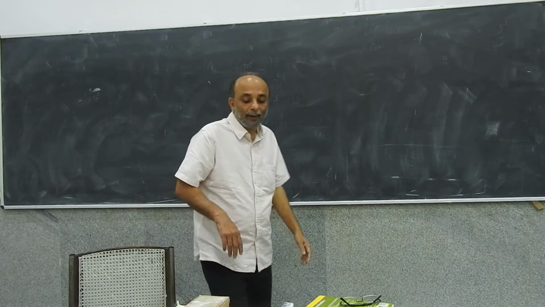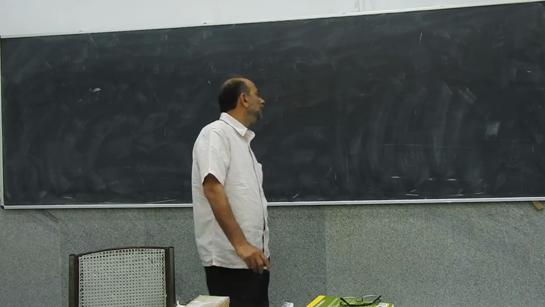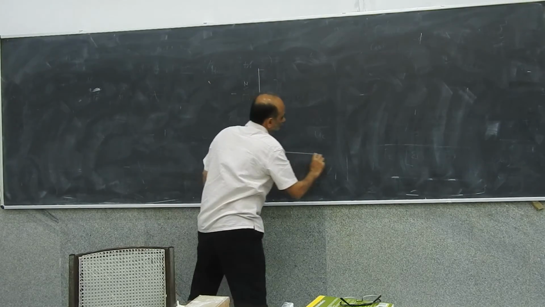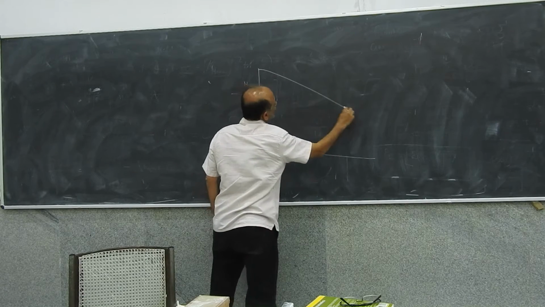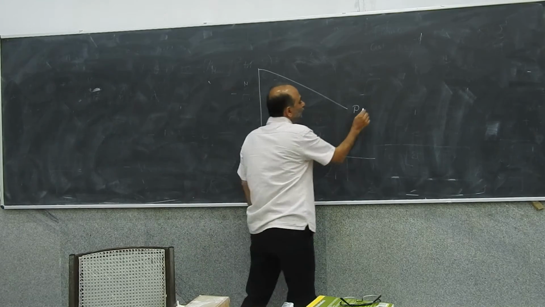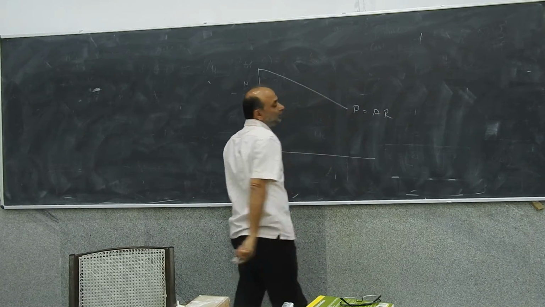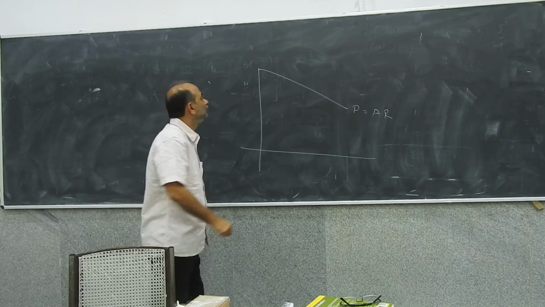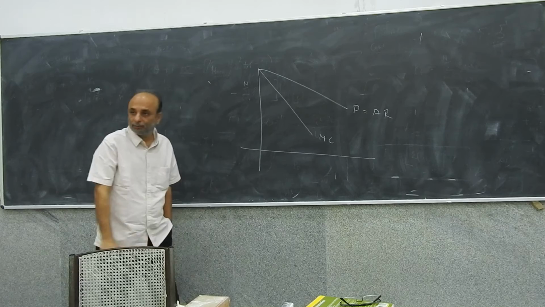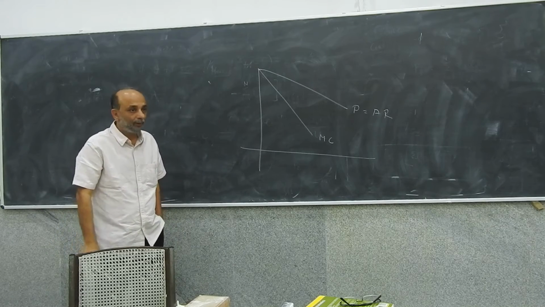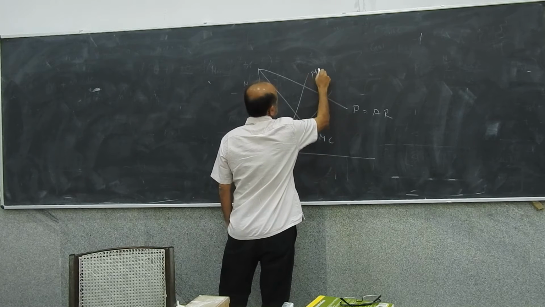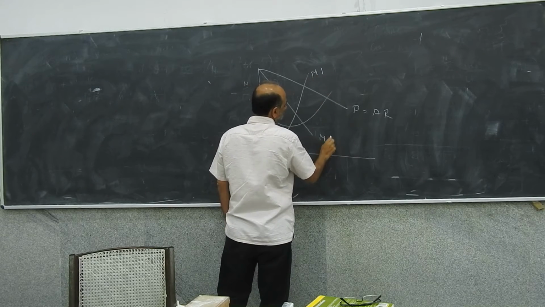All of you know the simple idea in monopoly. For a monopolist, this is the price, this is the demand curve, this is also the average revenue. This is the marginal cost, this is the average cost, and this is the marginal revenue.